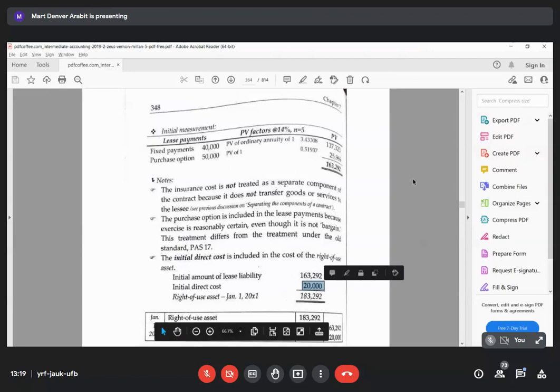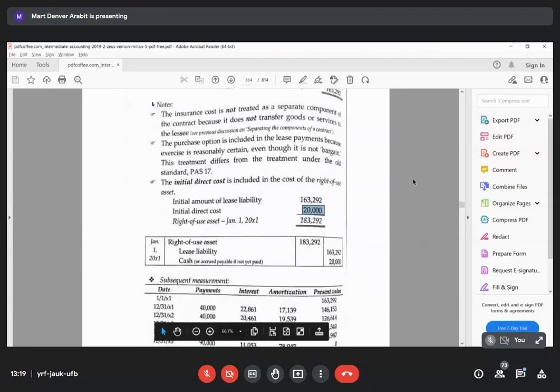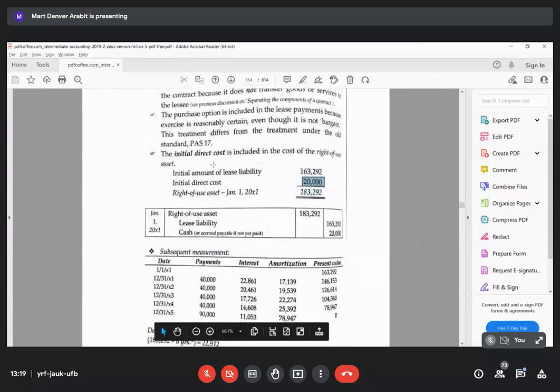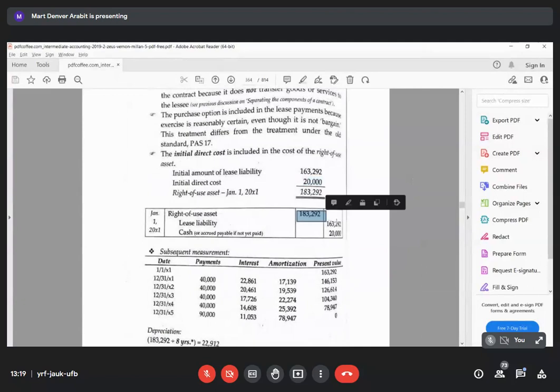Okay. So, kung mapapansin nyo, upon recording the entry, ROU is 183 and lease liability is 163 only. So, initial direct cost is usually the culprit pagka may difference between ROU and lease liability.